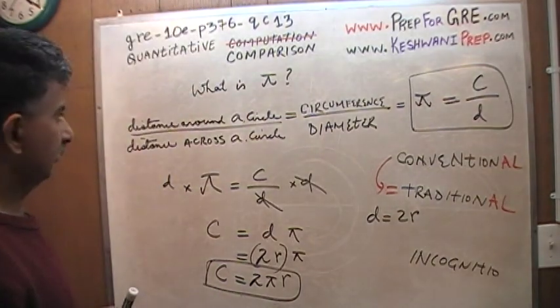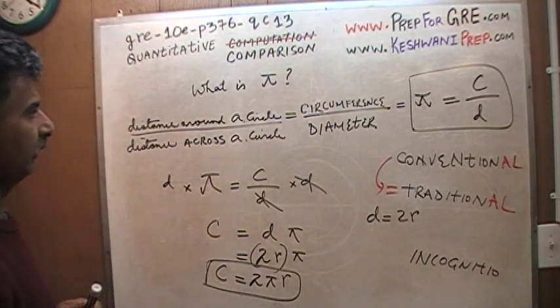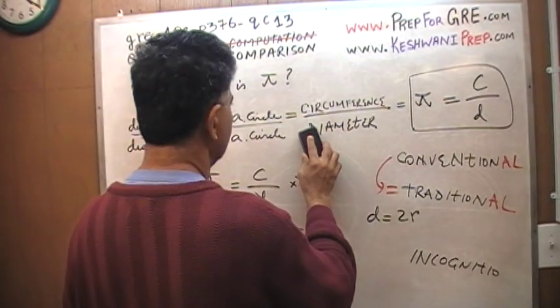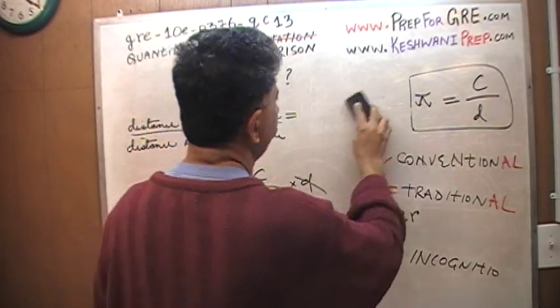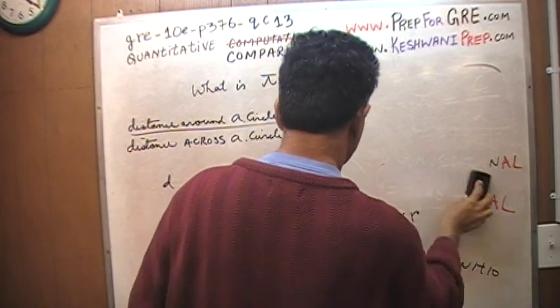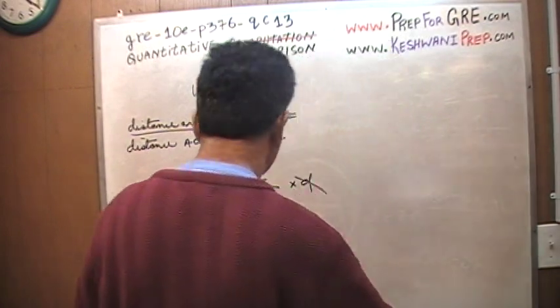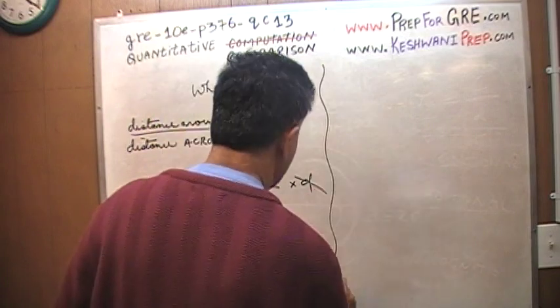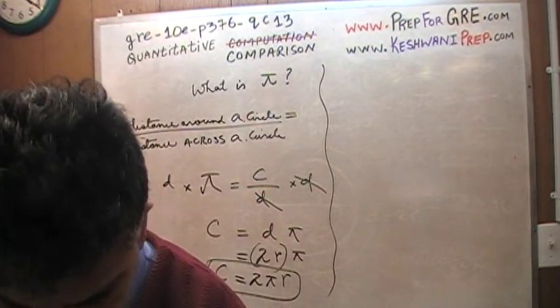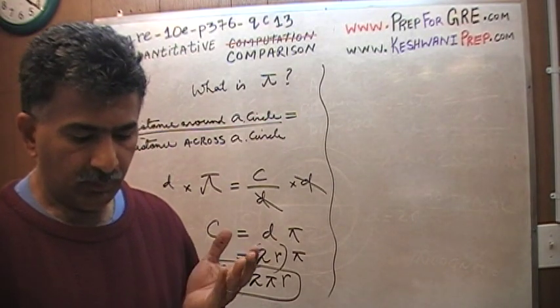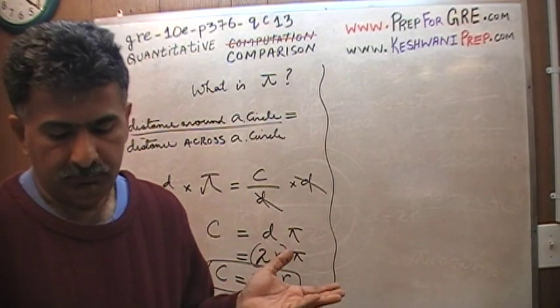I need room here, so I need to erase some things. Let's erase this part right here, all of this. And let's do number 13 now. It says the ratio of the circumference of the circle to the diameter of the circle.